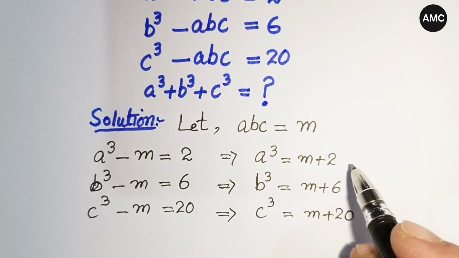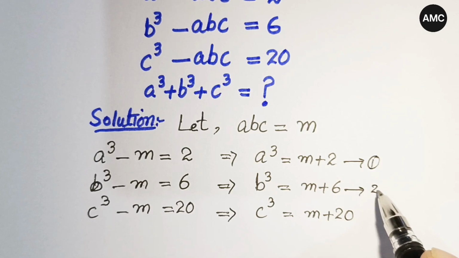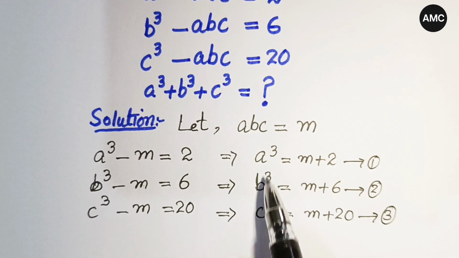Now if it is our equation 1 and it is our equation 2 and it is our equation 3, then we are going to just add these three equations here.